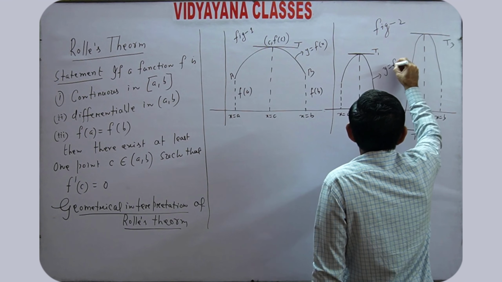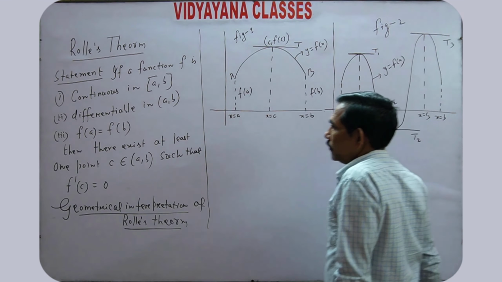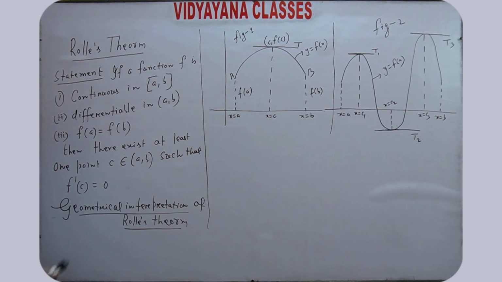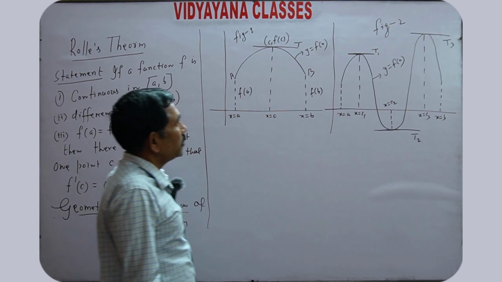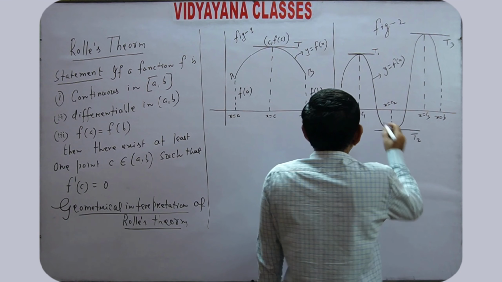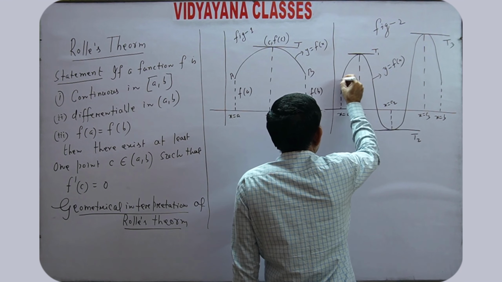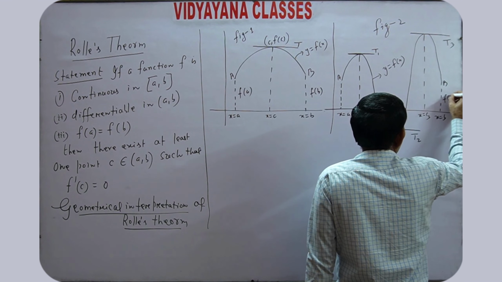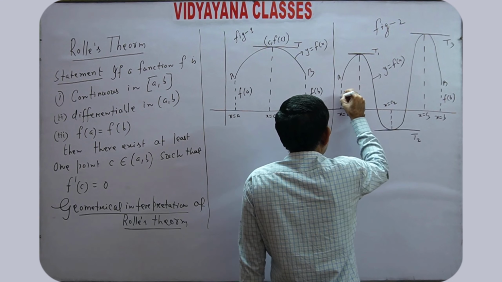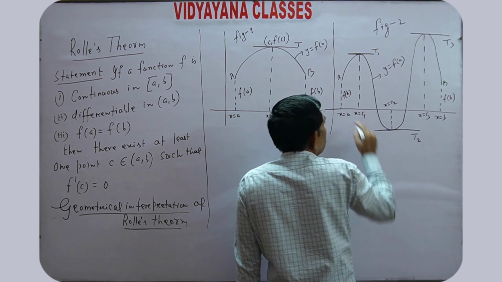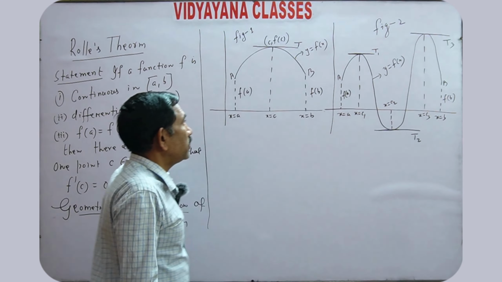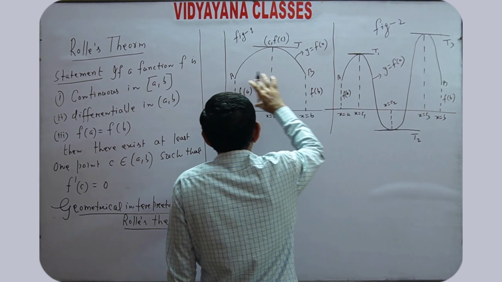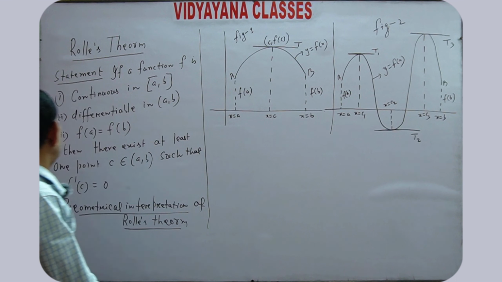Differentiable in open bracket AB, f(a) is equal to f(b). Here it is a point, it is b point, it is f(b), and this height length is f(a). This length is the same as this length.